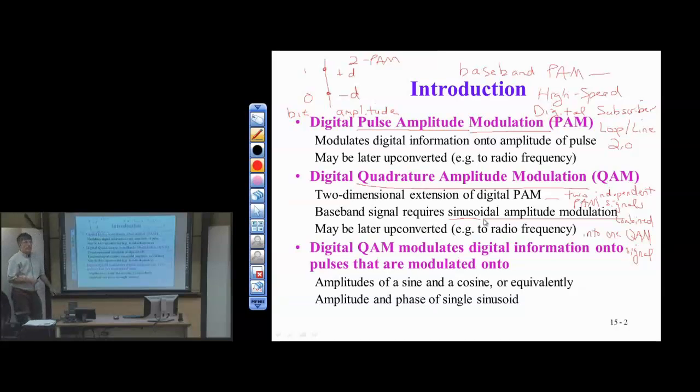It just has to be a high enough carrier frequency that I don't get aliasing or overlap at baseband in my bandpass transmission. I really want bandpass transmission here. Now, later I can upconvert it again. So this first step is typically done digitally, for the baseband QAM, typically in digital.